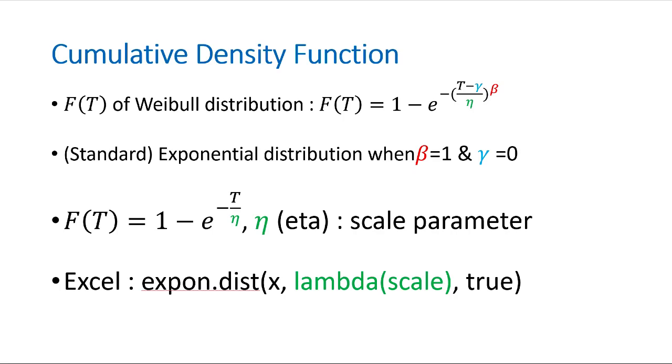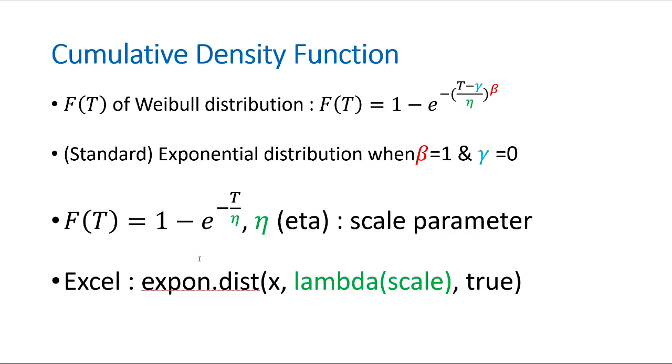And the exponential distribution is a specific case of the Weibull distribution. So let's say the cumulative distribution for Weibull has this formula, and when beta equals 1 and gamma equals 0, then it is the standard exponential distribution.